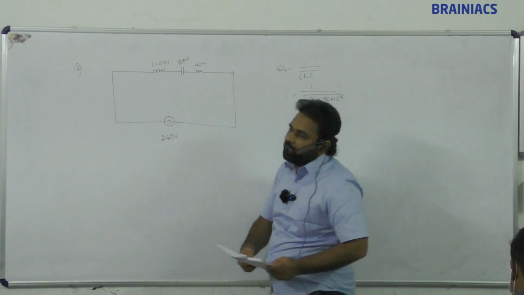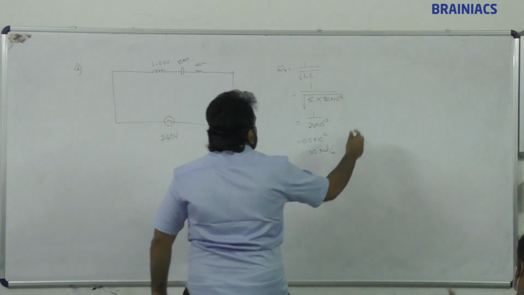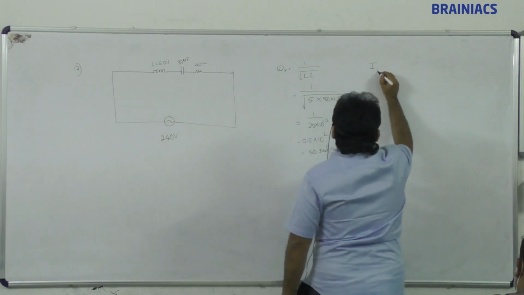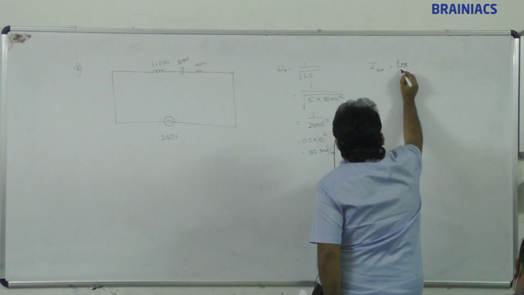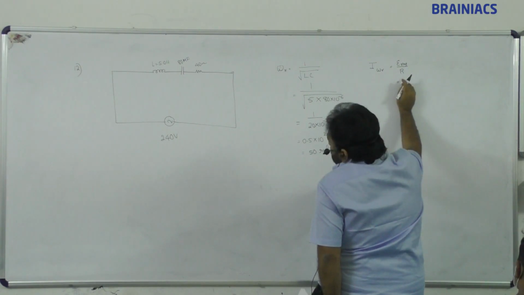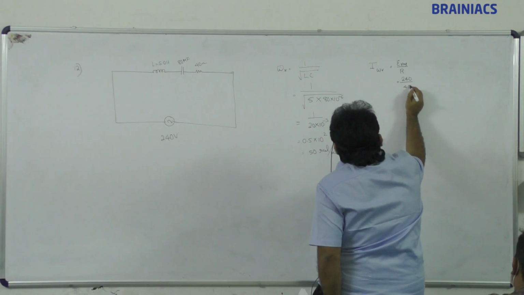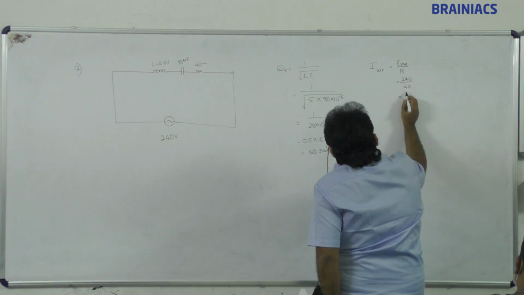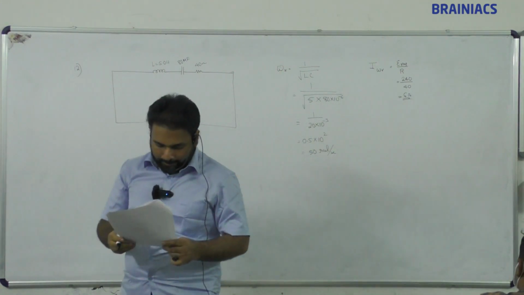That time it is simply ERMS by R. So the current at resonant frequency is nothing but ERMS divided by R. What is ERMS? 240. What is R? 40. So 6 ampere. Done.